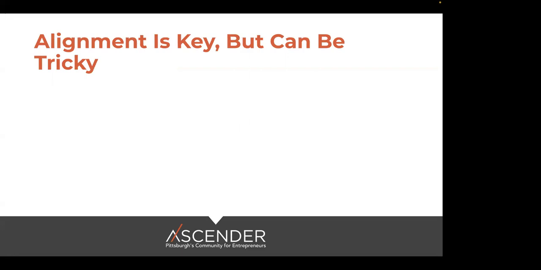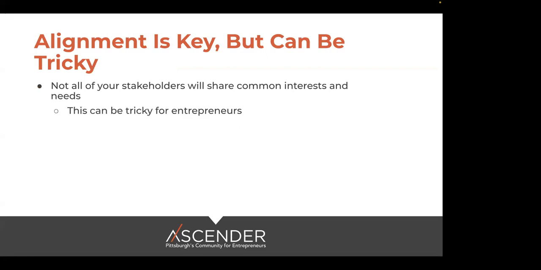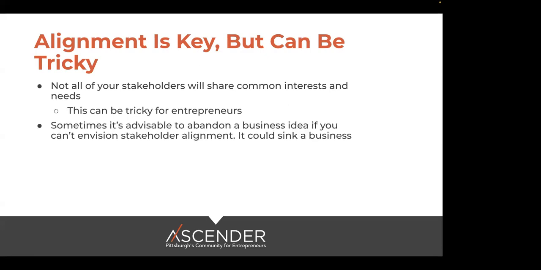Alignment is key among stakeholders, but it can be really tricky. Not all of your stakeholders will share common interests and needs, and this can be really, really tricky for entrepreneurs. Sometimes I advise that people abandon a business idea if they can't envision stakeholder alignment, because it really can sink a business.